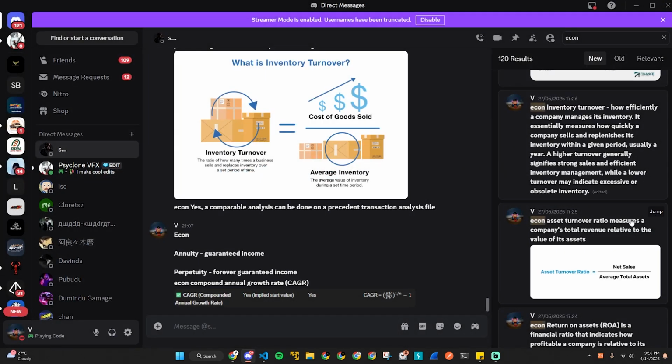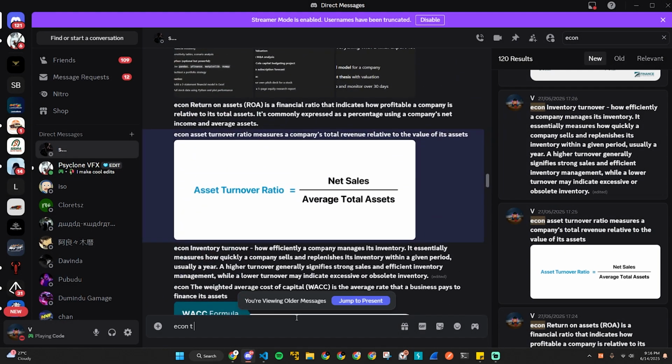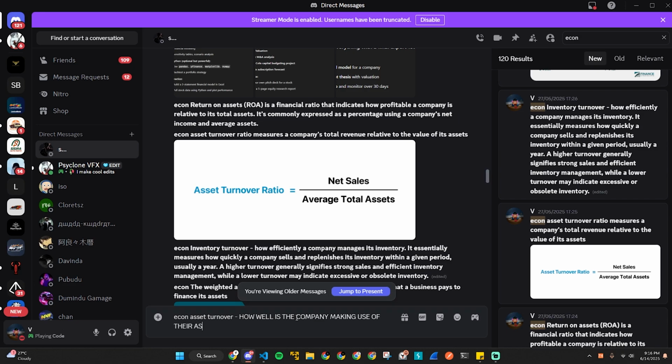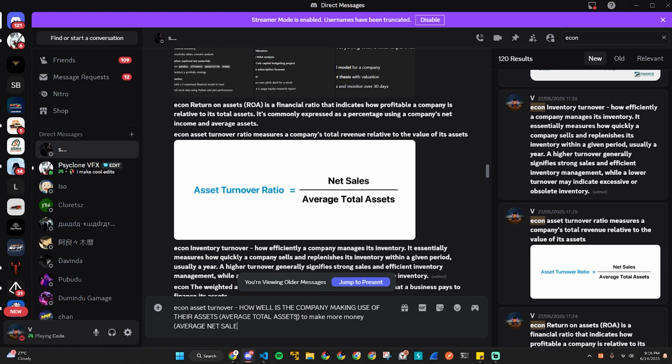Asset turnover indicates how well the company is making use of their average total assets to make more money. That's average net sales.